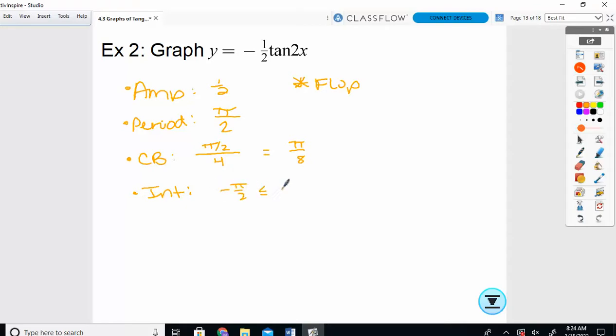With tangent, we normally go from negative pi over 2 to positive pi over 2. So if we divide by 2, we get negative pi over 4 to positive pi over 4.